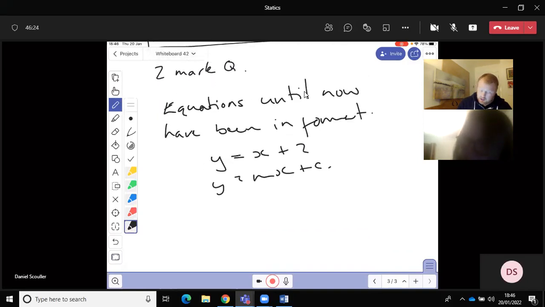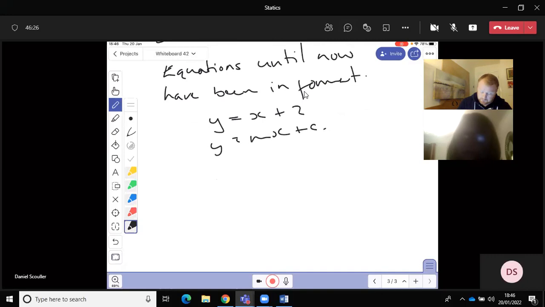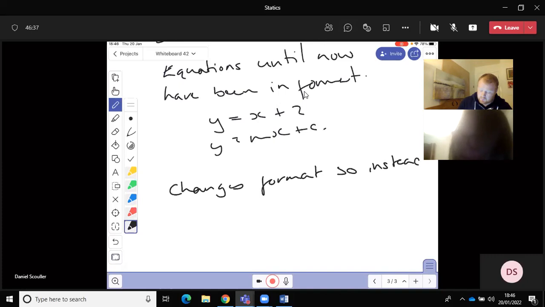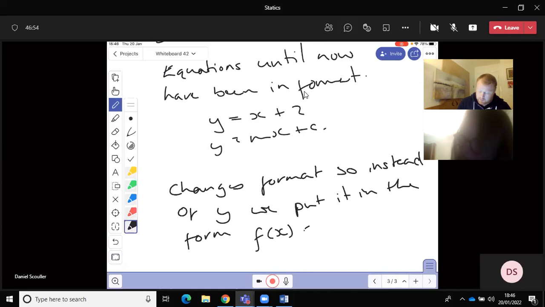What functional notation does is it changes the format. So instead of y, that original variable, we put it in the form f(x) equals.